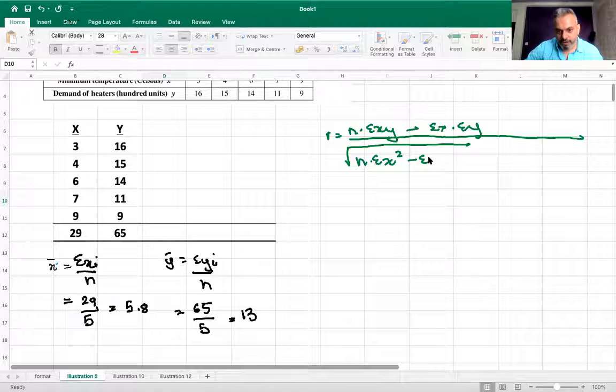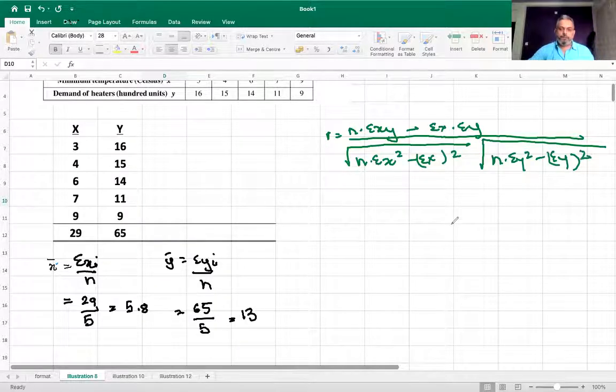You also first write the formula so we can decide the columns. Please write the formula.